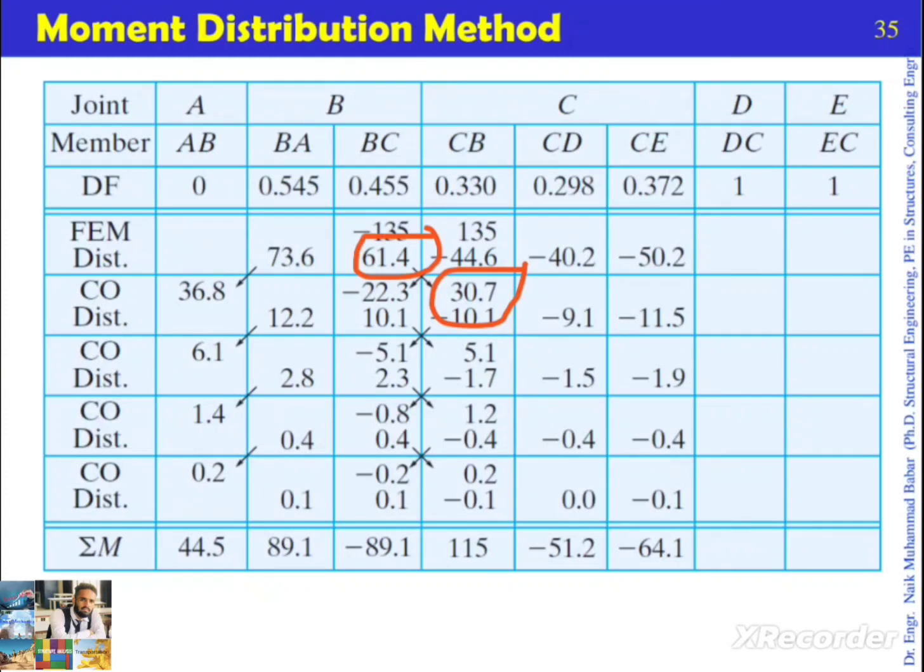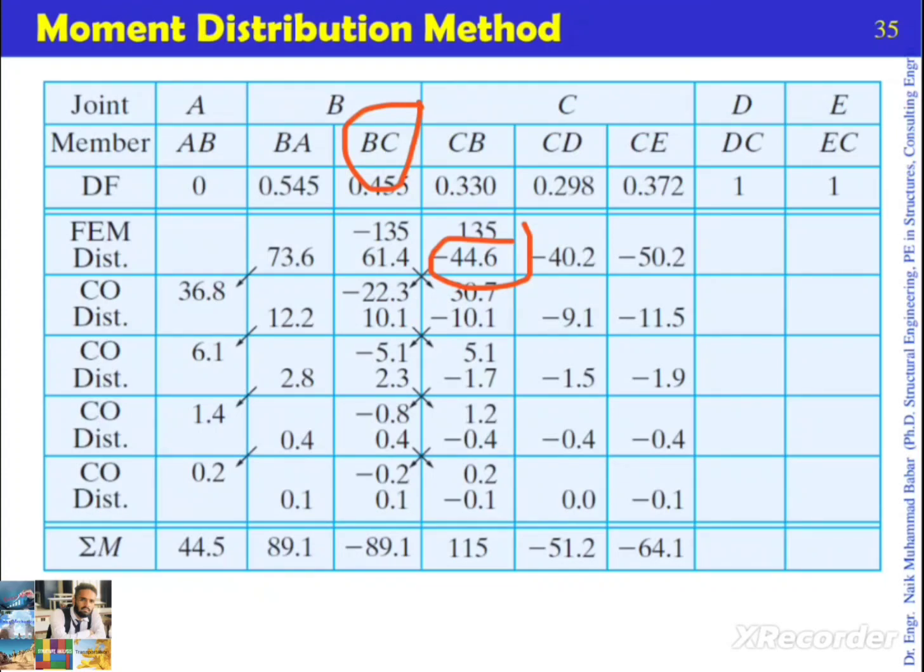Half of the moment will transfer from BC to CB. Now half of the moment will transfer from CB to BC. Remember this. At CB the moment is minus 44.6. Half of this moment will transfer to BC, so half of minus 44.6 is minus 22.3. Remember this.